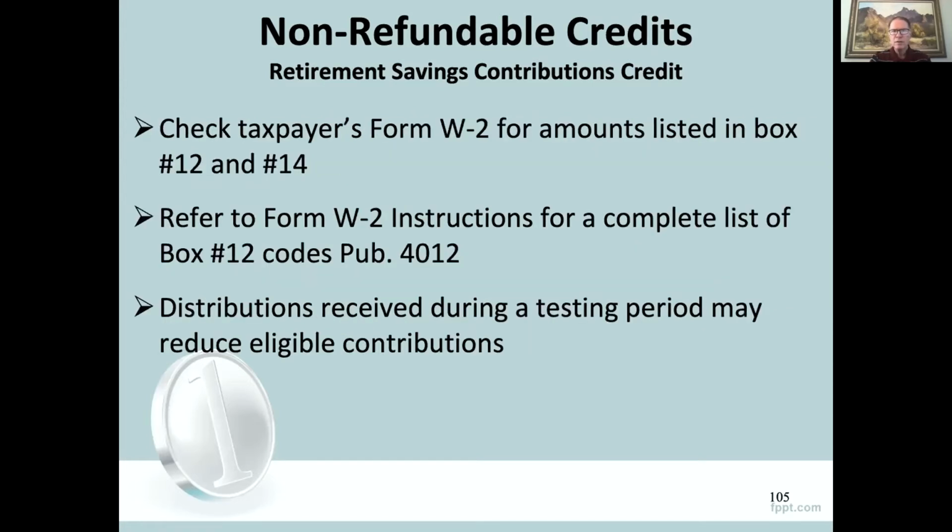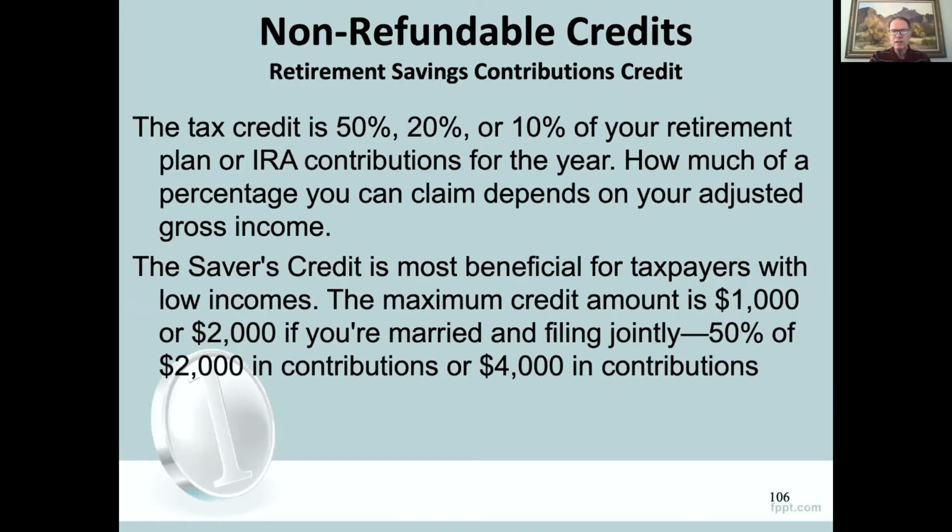And so on your W-2, in box 12 and 14, there are codes and there will be dollar amounts. And you can look at those codes on the back of the W-2 or in the 4012. And those codes will determine what the retirement account was. I don't have to figure anything except putting those codes in. The software takes that calculation in.